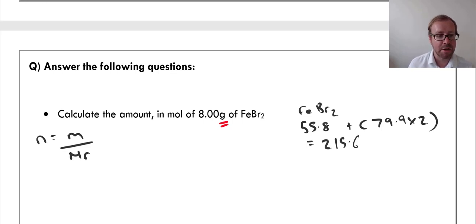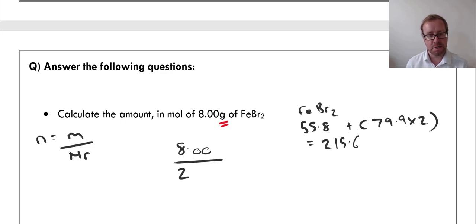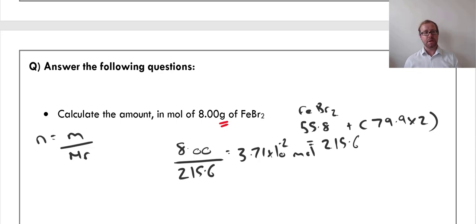Now I've got my values, I can put them in. 8 grams is my mass divided by my Mr, 215.6, which gives me a value of 3.71 times 10 to the minus 2 moles. Okay, so pretty simple. As long as you can add up or calculate your Mr, you should be laughing. You should be able to answer these questions.